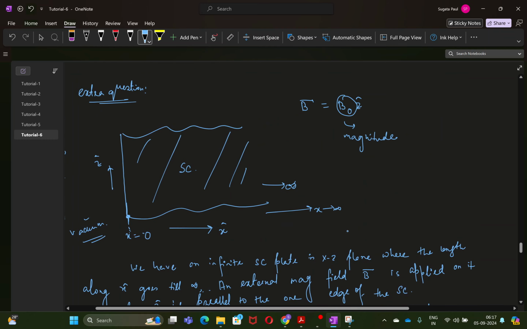So basically the thing goes like this, as we can expect from the physics of superconductors: initially the magnitude is B naught at the edge, but then as it tries to penetrate a little bit inside the superconductor, it falls off exponentially, like e to the power of minus x by lambda. Up to lambda is the effective length scale, the penetration depth of the superconductor, up to which this has a still finite value.